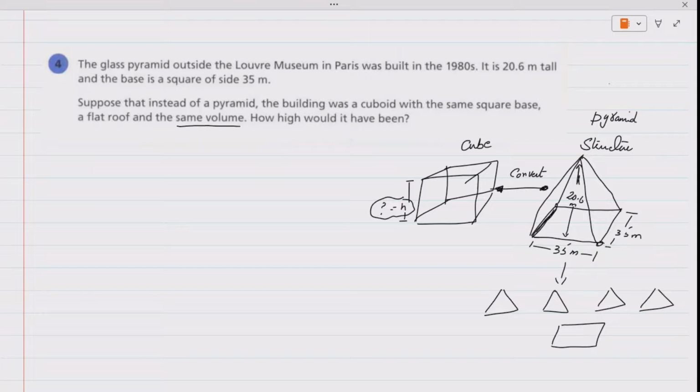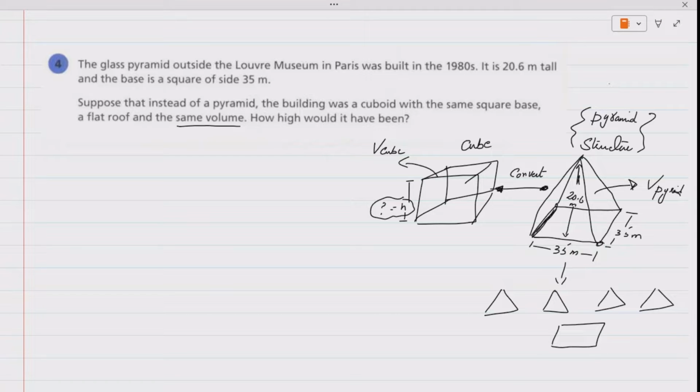So the volume of the pyramid, and the volume after you disassemble all the parts of the pyramid and join them to make a cube, remain the same in both structures.